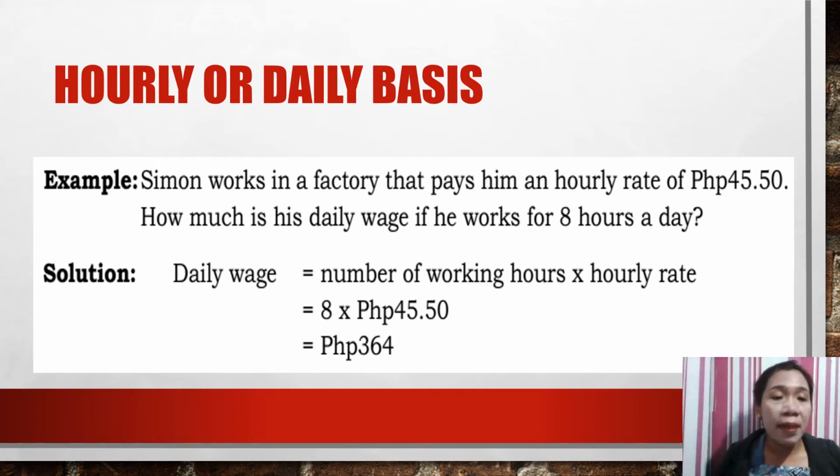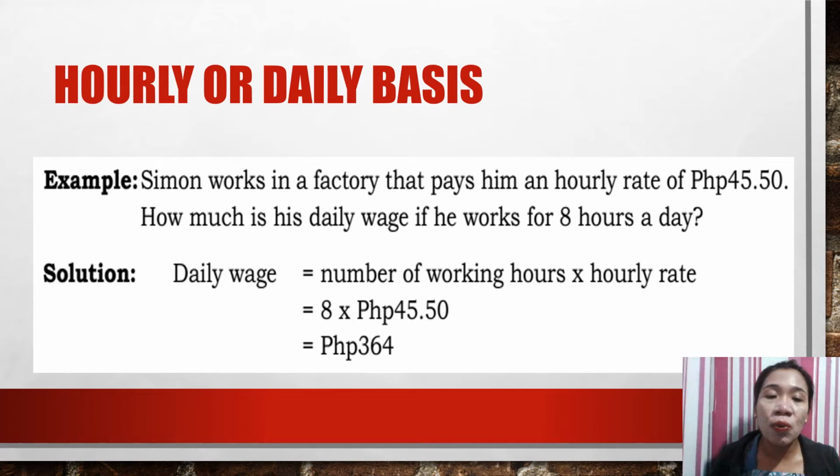Hourly or daily basis. We have here our example. Simon works in a factory that pays him an hourly rate of 45 pesos and 50 centavos. Take note, Simon's hourly rate in a factory is 45 pesos and 50 centavos. Question, how much is his daily wage if he works for 8 hours a day?